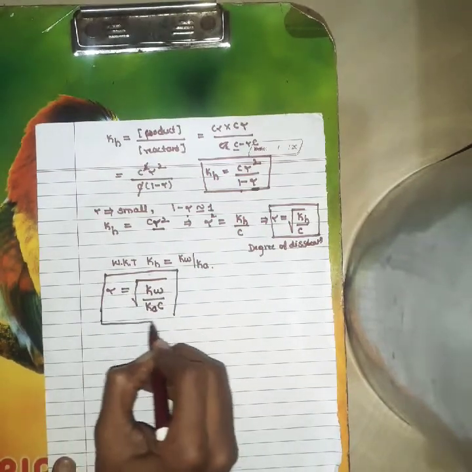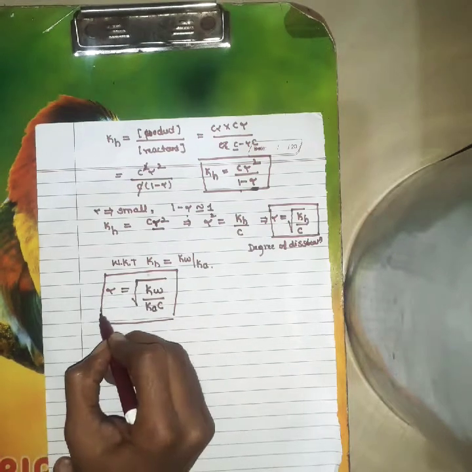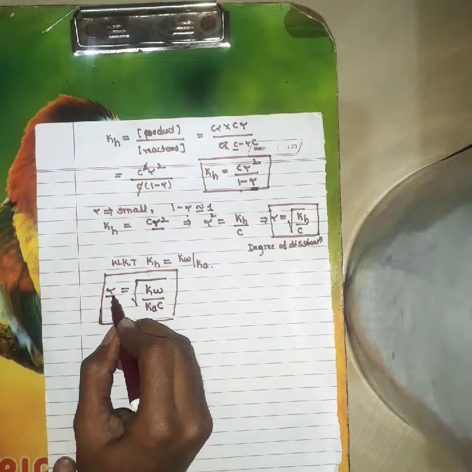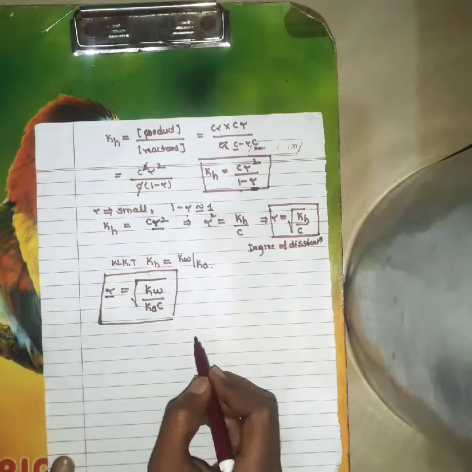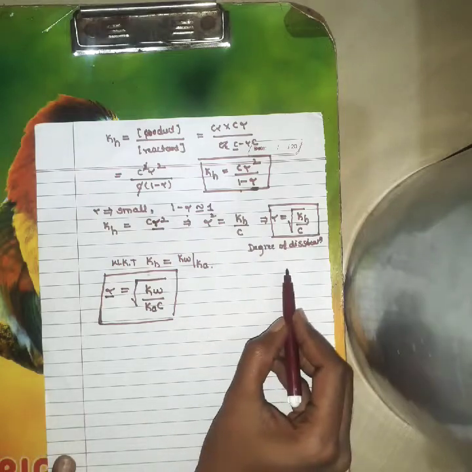If Kw, Ka and the concentration are given, you have to use this formula for determination of degree of dissociation or degree of hydrolysis.